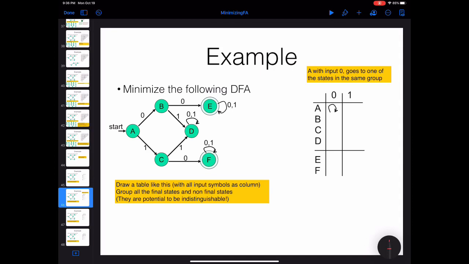So I'm going to check what would happen to each state over each transition. From A, over the transition of 0, I'm going to state B. Because B is still in the same group, the current group that I am in, instead of writing it down as a complete thing, I'm writing it in this way: I am staying in the same group.